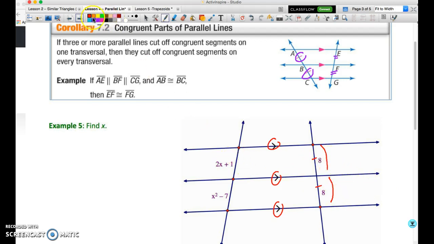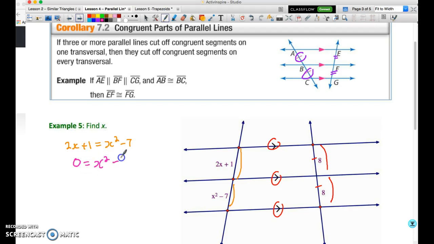That means they're going to cut off equal pieces on the other transversal, which means the ratio of 2x plus 1 to x squared minus 7 is a ratio of 1 to 1. If the ratio is 1 to 1, that means x squared minus 7 is equal to 2x plus 1. Now we need to solve that by factoring, so we're going to equate to 0.